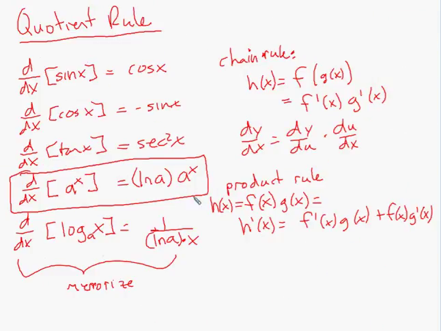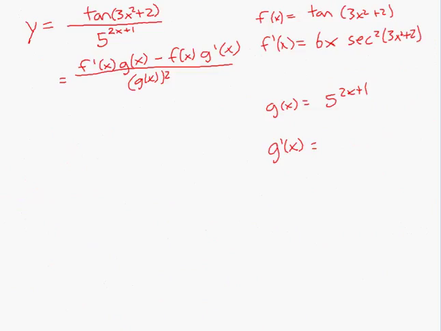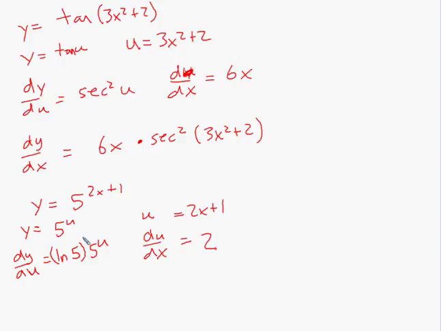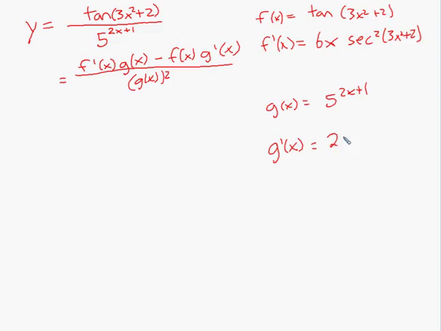Right? This rule. Right there. Okay? So we did that derivative. That means dy dx equals 2 natural log 5 times 5 to the 2x plus 1. I just multiply those two. Now I take this, I'm going to move it to natural log 5 times 5 to the 2x plus 1.